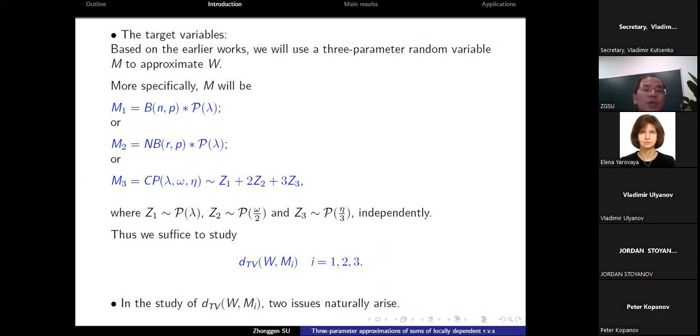M2 is the mixture of negative binomial random variable and Poisson random variable. M3 is the mixture of 3 independent Poisson distributions. So it is enough to study the total variation distance between W and Mi.